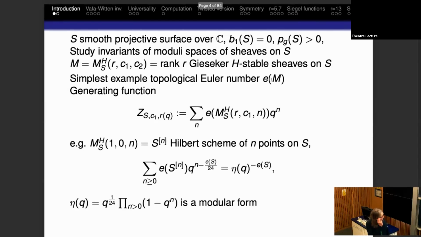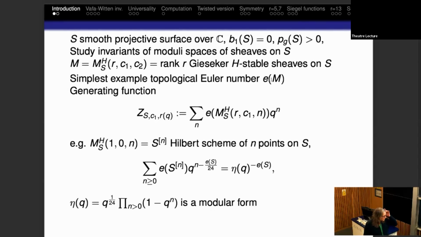One example of this is the old formula: if we look at the moduli space of rank 1 sheaves with second Chern class n, this is just the Hilbert scheme of n points on S, which parameterizes zero-dimensional subschemes of length n, or, if we view it as a rank 1 sheaf, their ideal sheaves.